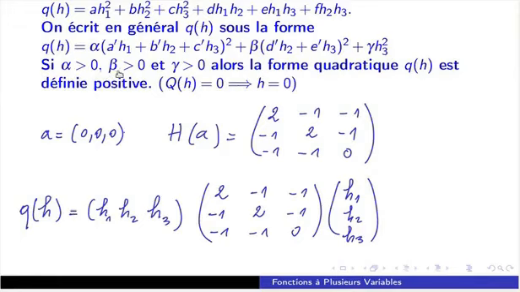If the coefficients alpha, beta, gamma are strictly positive, the quadratic form is positive definite. What about in our case? We are at the point (0, 0, 0).